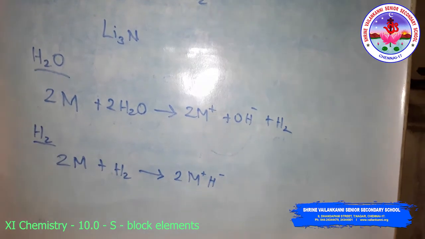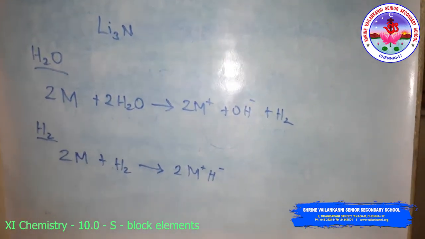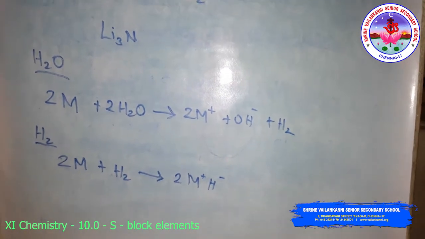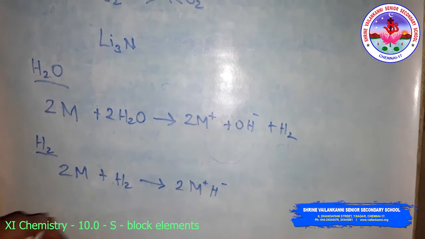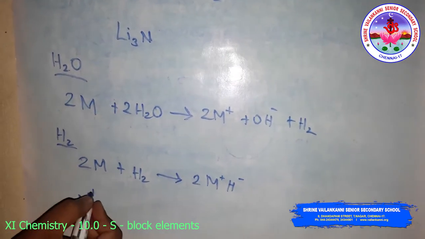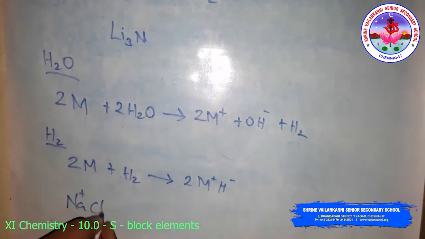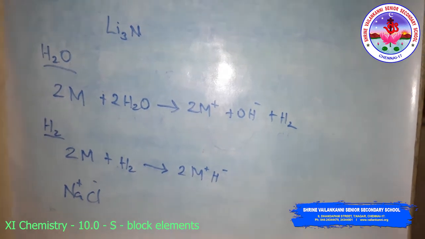Then the reactivity towards halogens. The alkali metals readily react vigorously with halogens to form ionic halides, that is NaCl, KCl, like this. Na plus and Cl minus, or generally we can write M plus and X minus.